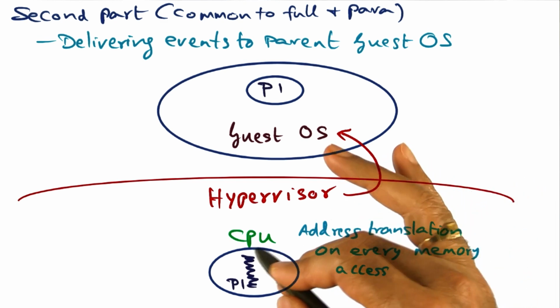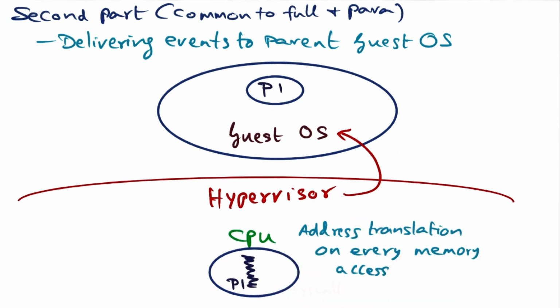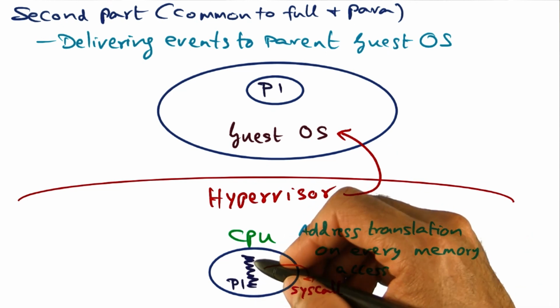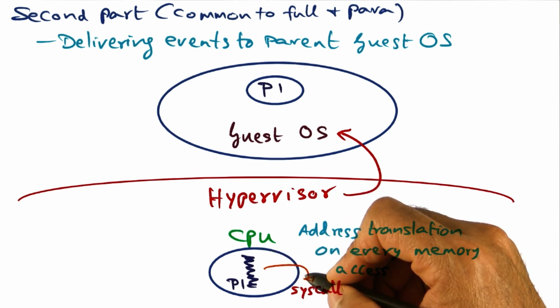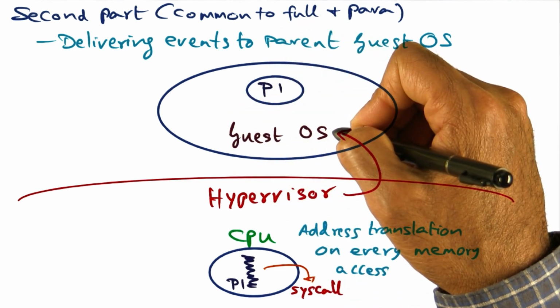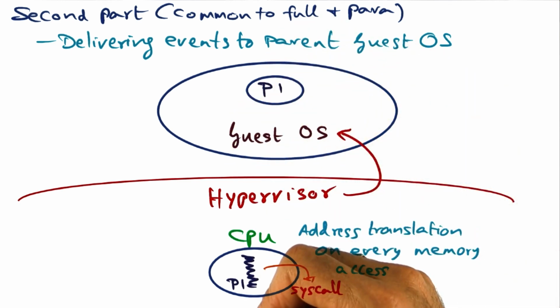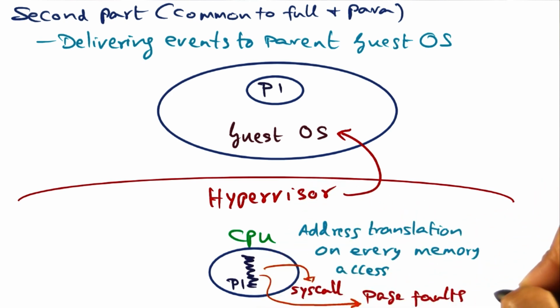Let's look at other things that can happen to this process during the course of its execution. One thing that this process may do is execute a system call. For instance, it might want to open a file, and that's really a call into the guest operating system. Another thing that can happen to this process is that it can incur a page fault.